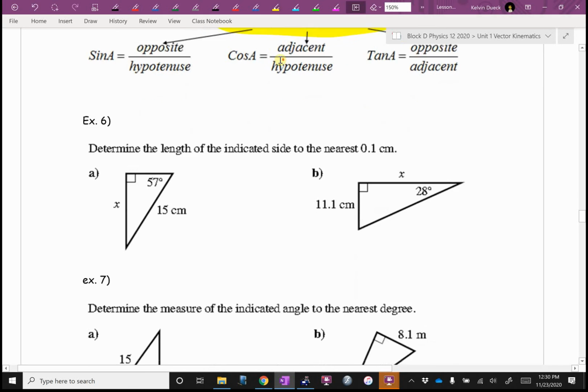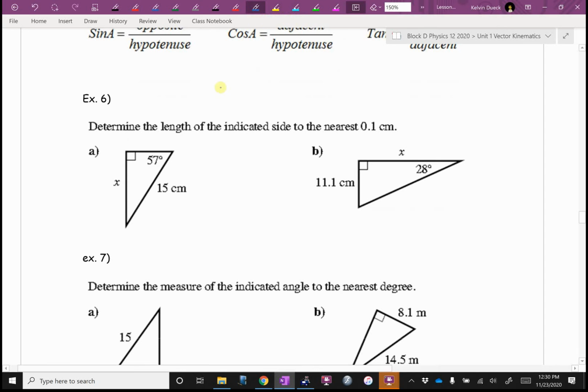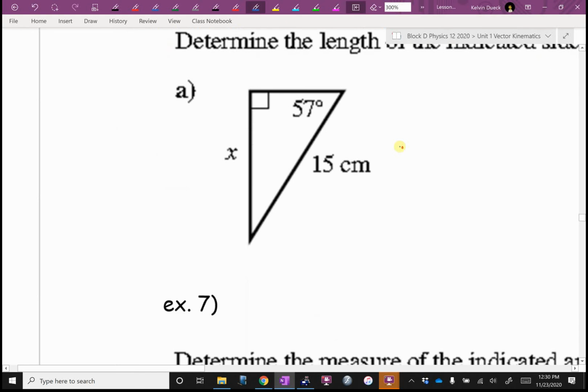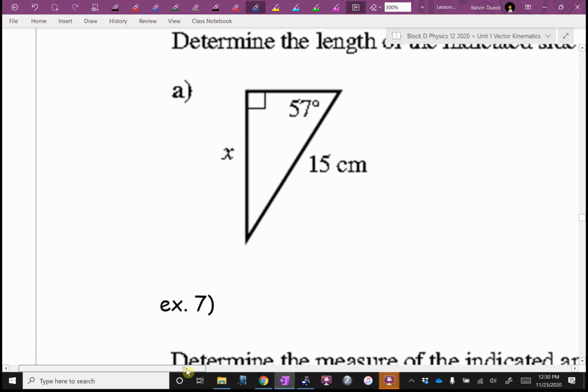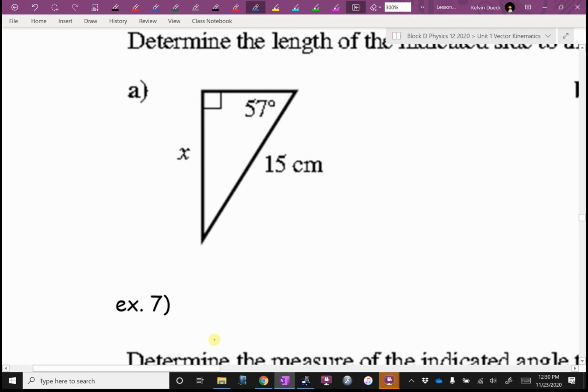Putting it all together, example 6 says determine the length of the indicated side to the nearest 0.1 meters. Let me zoom in so that everyone can see okay. First of all, can I use Pythagoras for this? Why not?